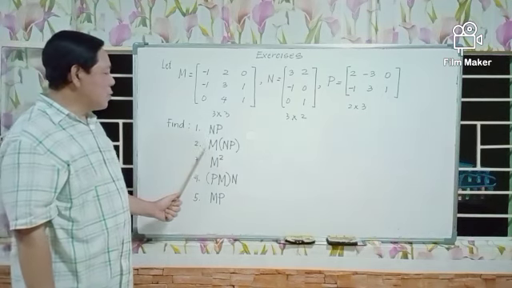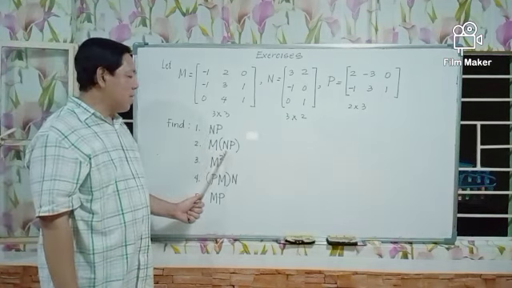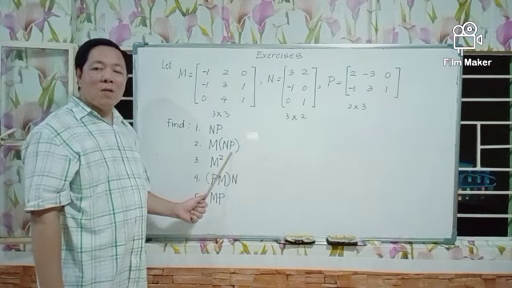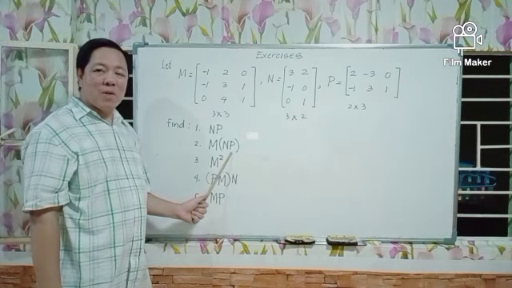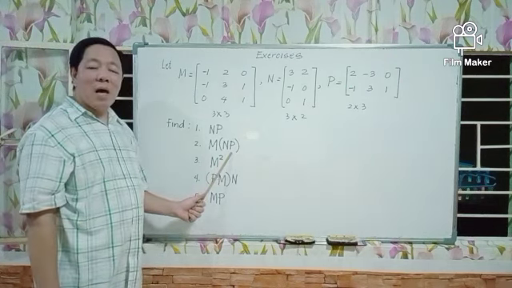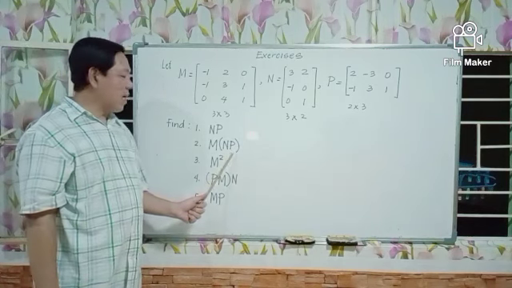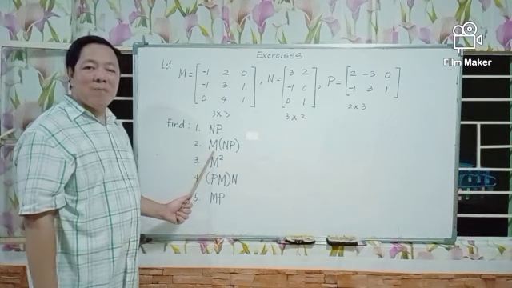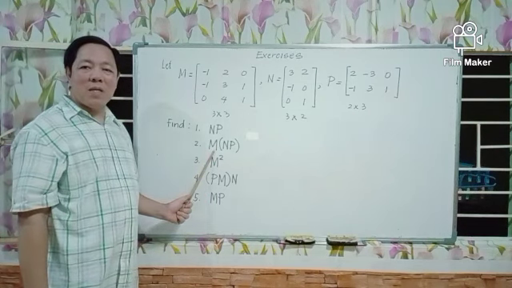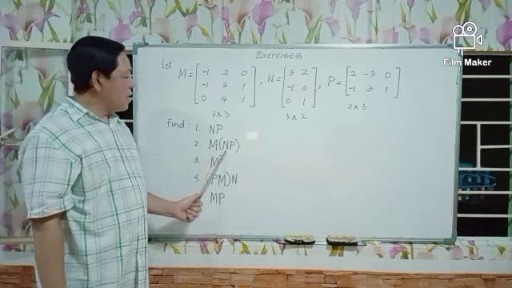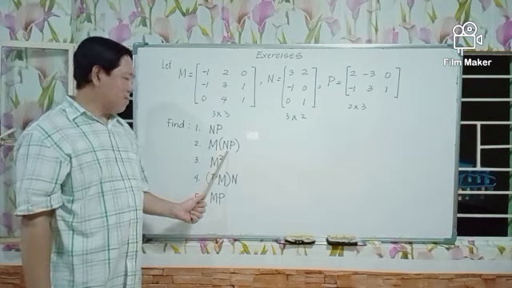In number 2, you multiply M by the product NP. When you do number 2, you should already have the result for the product NP. And you check if the product NP can be multiplied by matrix M, or you check if the product of matrix M and the product NP is defined.